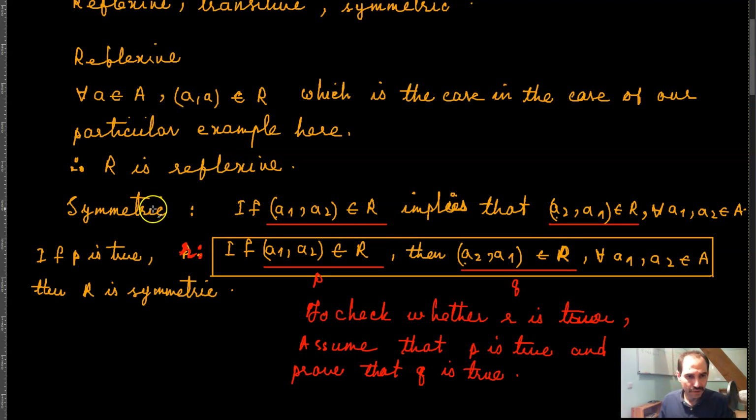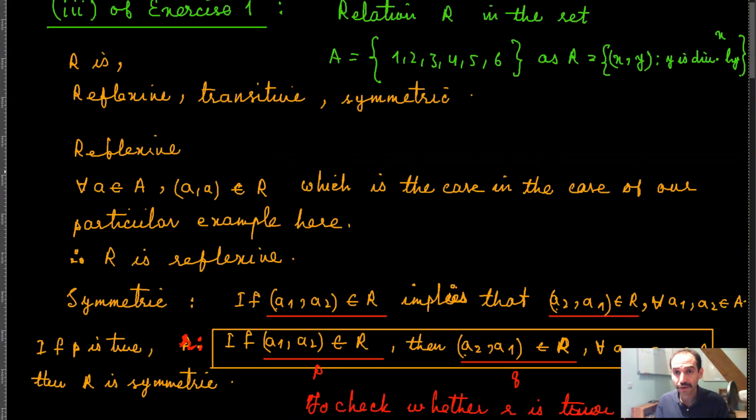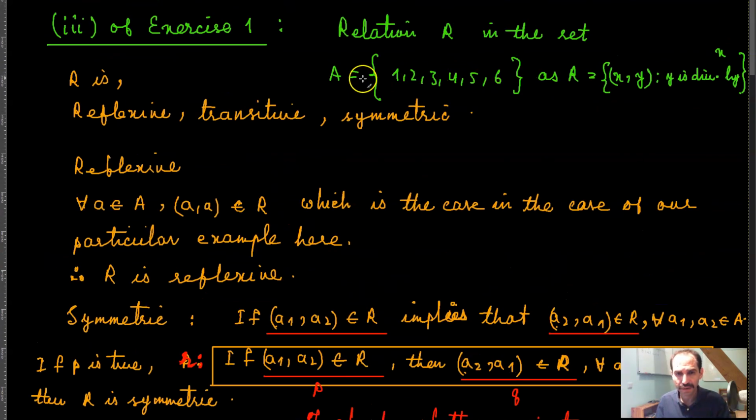Now, in this particular case, you want to know whether if A1 comma A2, if this implies this one. So how do you do that? You have to take a look at our R here. So A is this set, and R says that x comma y such that y is divisible by x.